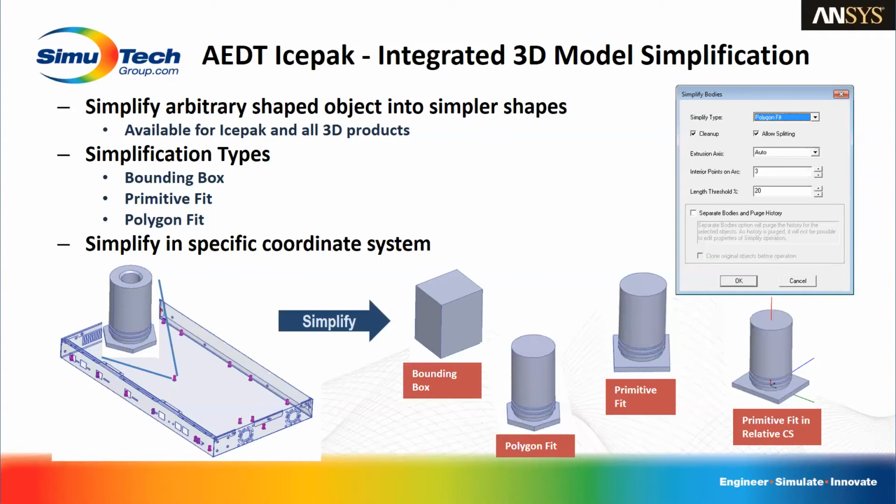So now we have simplification routines within Electronics Desktop, but it's not absolutely necessary to apply them to every single object. When you import, say, a STEP file into Electronics Desktop Icepack, it's going to come in as all CAD objects, and it will be meshed. You don't have to do any kind of intermediate simplification routines.